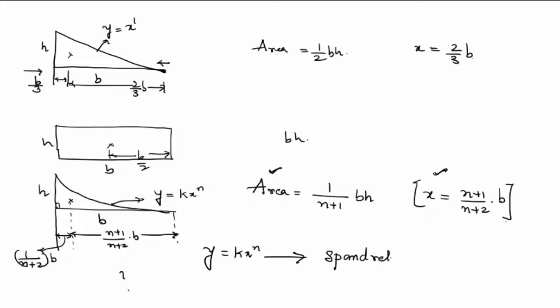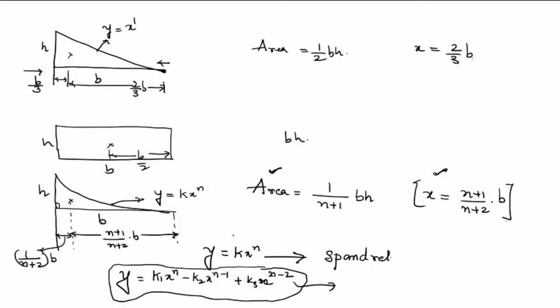But if you have an equation like this, y is equal to k1 x power n minus k2 x power n minus 1 plus k3 x power n minus 2, this is not a spandrel.